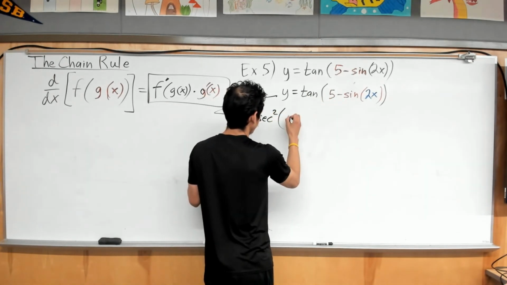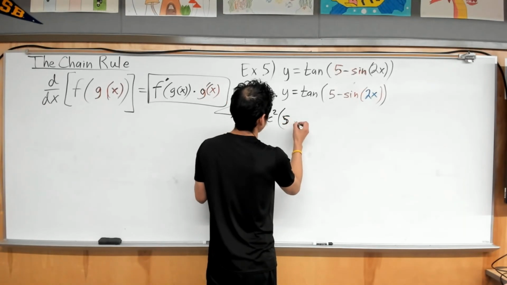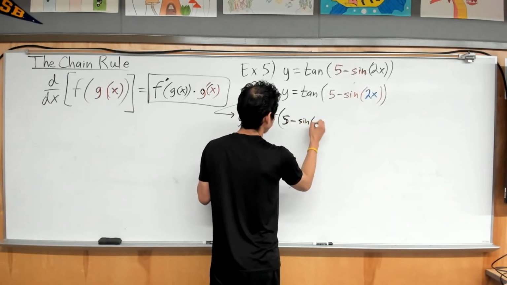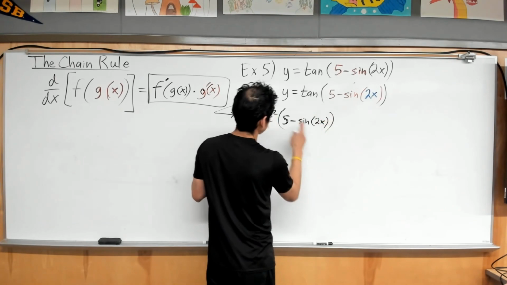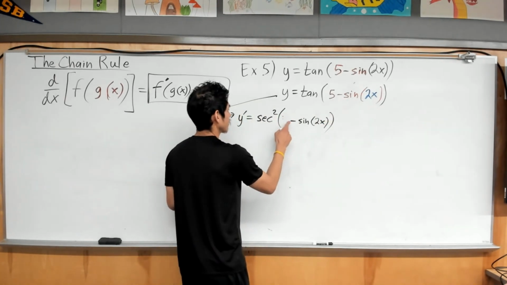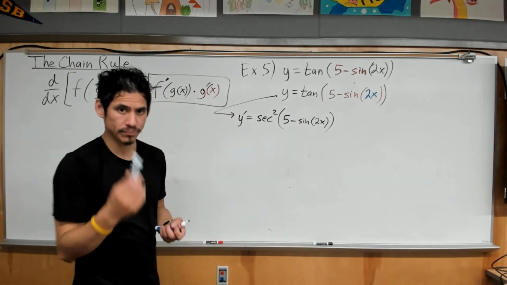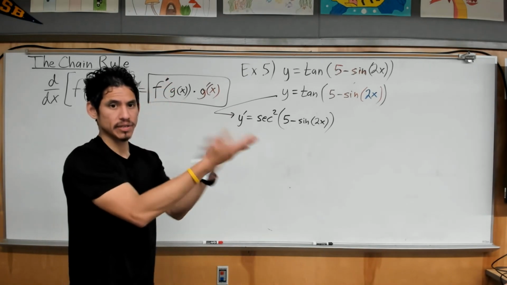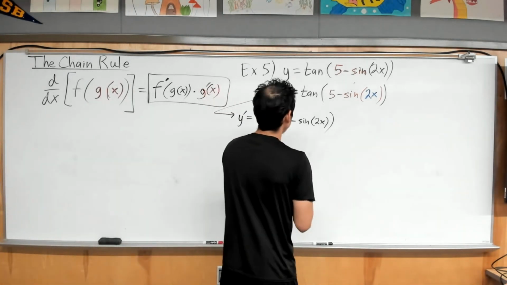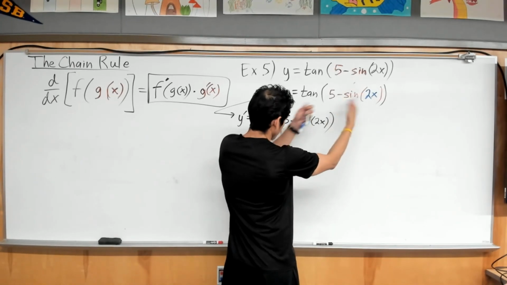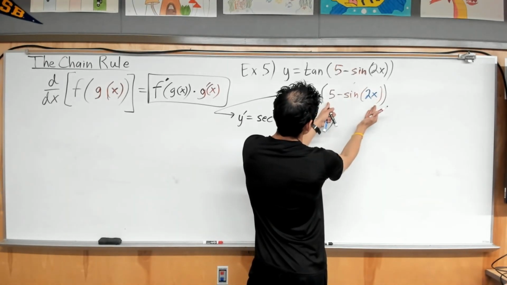And we keep all that the same, 5 minus the sine of 2x. Then we go one in, one deep, the derivative of the red function.